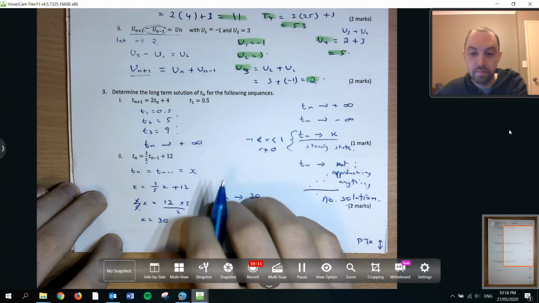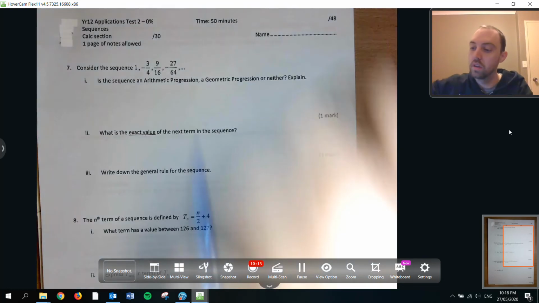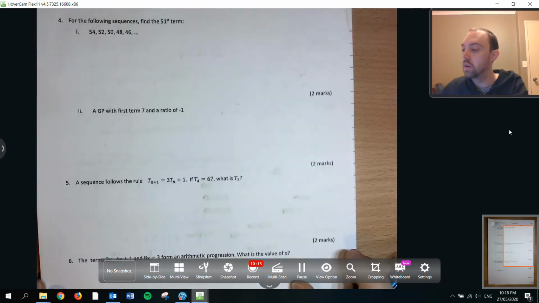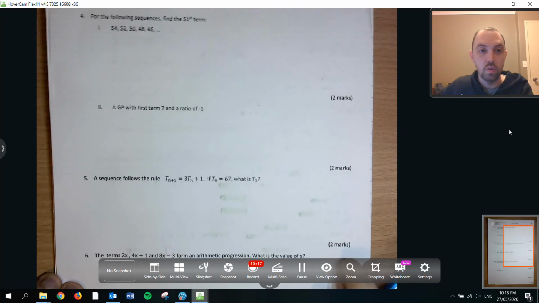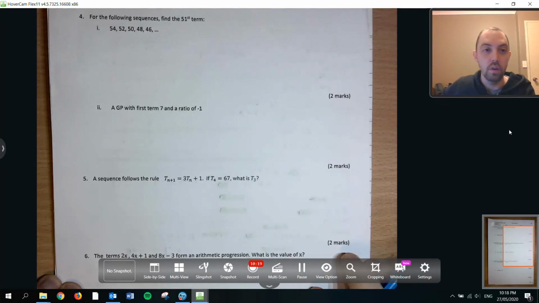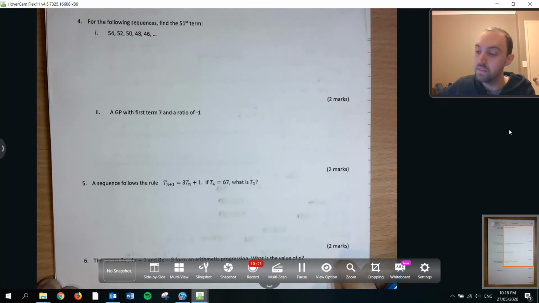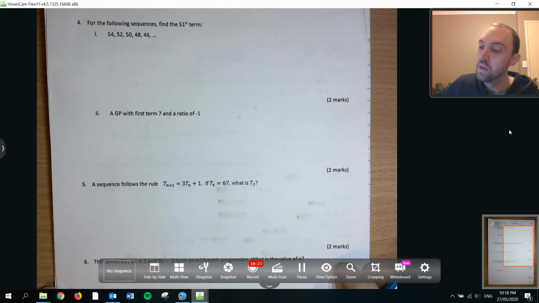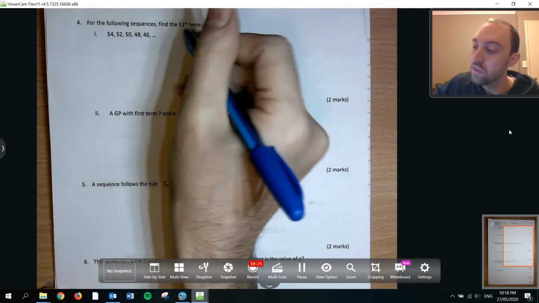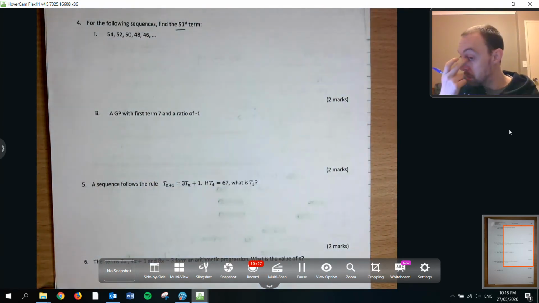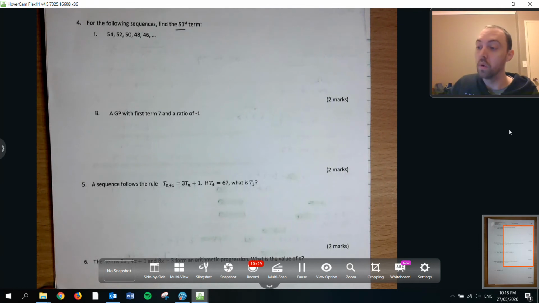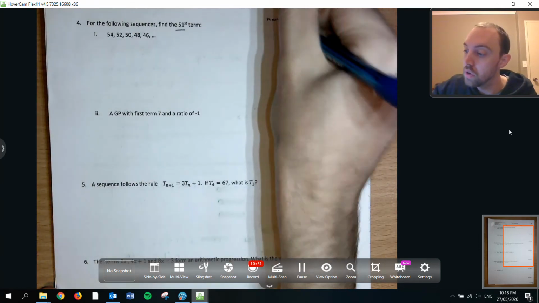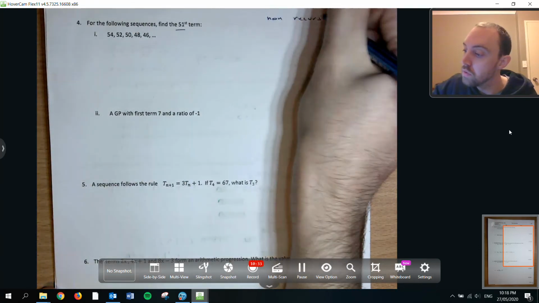Okay. We have question 4. For the following sequences, find the 51st term. So if we're jumping many terms, okay, we would want to use the general rule or the non-recursive rule.